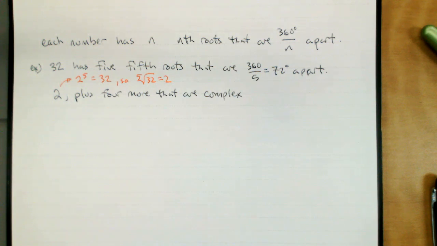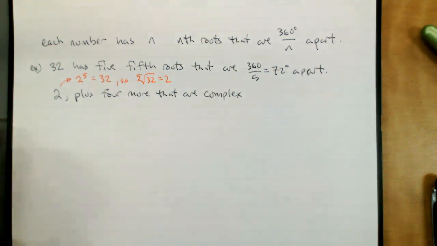So if we're going to find the 4 complex fifth roots of 32, we already have 2. We know they're 72 degrees apart.